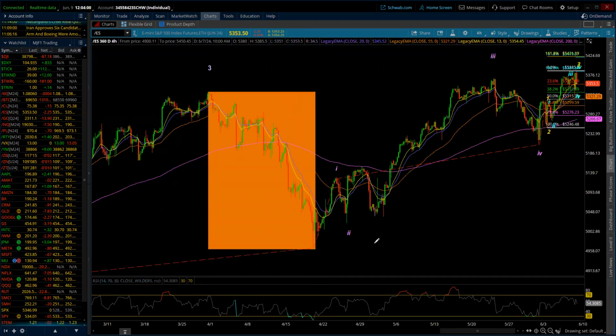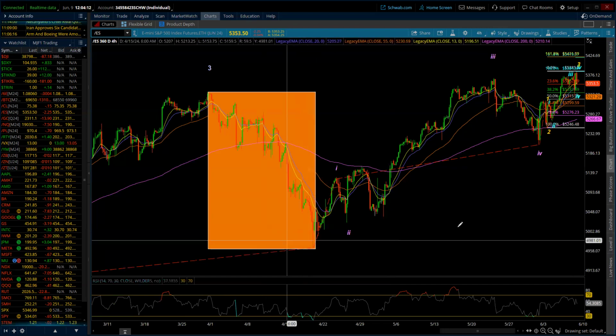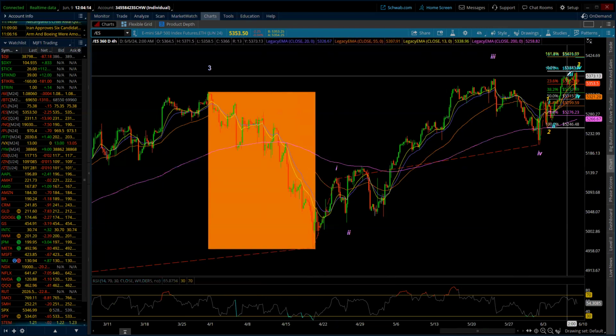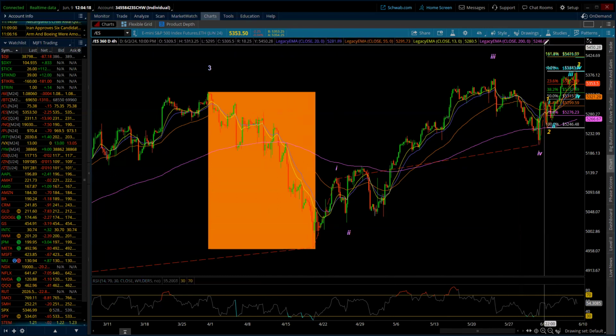So let's say that minor 4th wave comes in at 4,953, right around that same area, 5,000. Let's say 5,000.